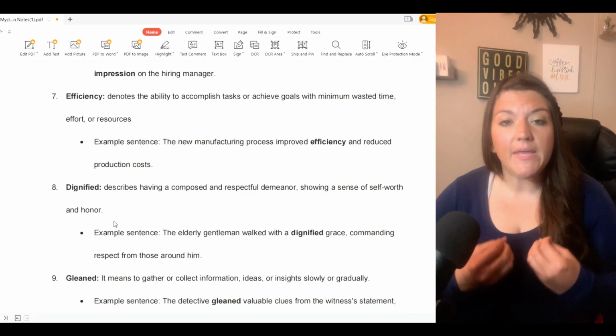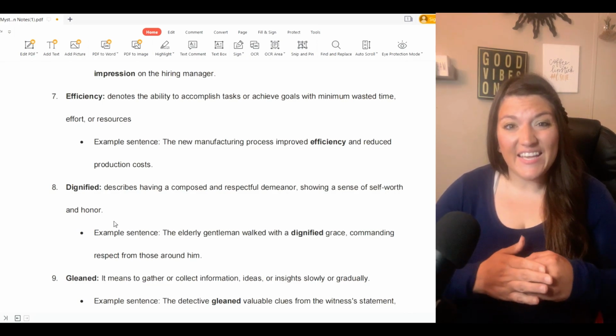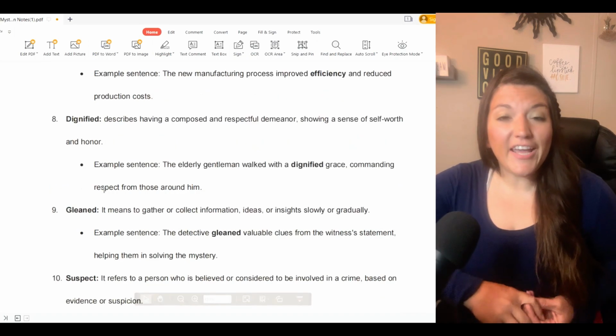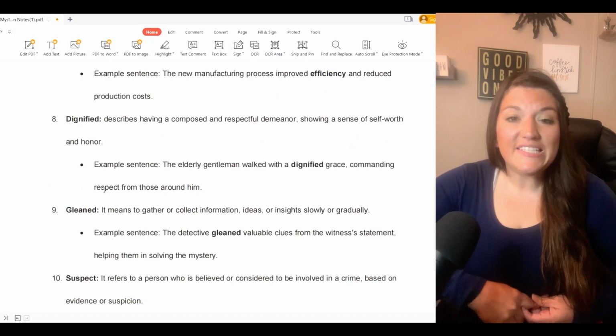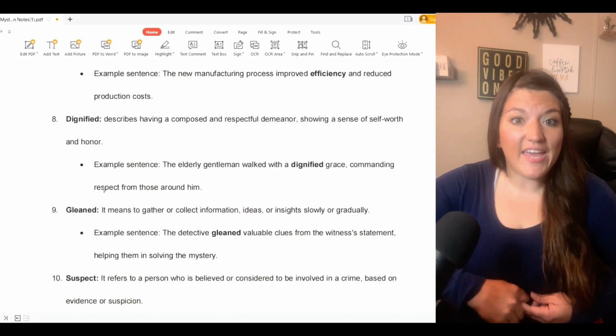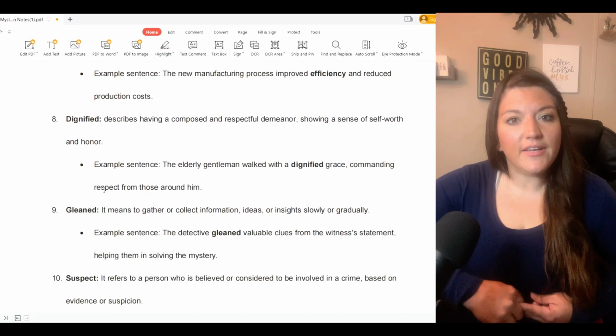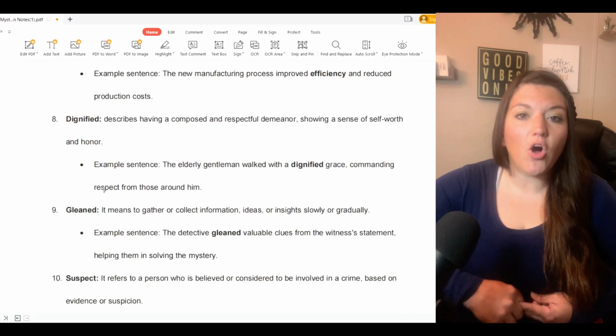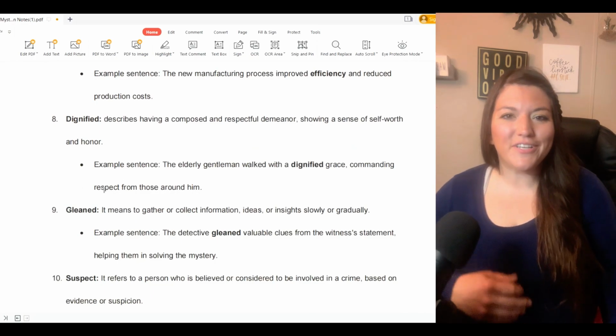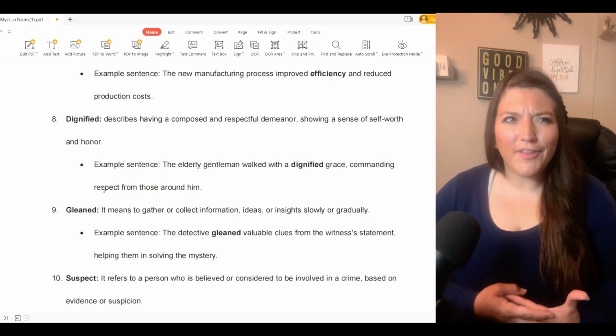If I'm becoming more efficient at it, then it takes me less time to do it. Our next word is dignified. Dignified describes having a composed demeanor, showing a sense of self-worth or honor. So, for example, the elderly gentleman walked with dignified grace, commanding respect from all those around him. So if you are a dignified gentleman, kind of like Mr.